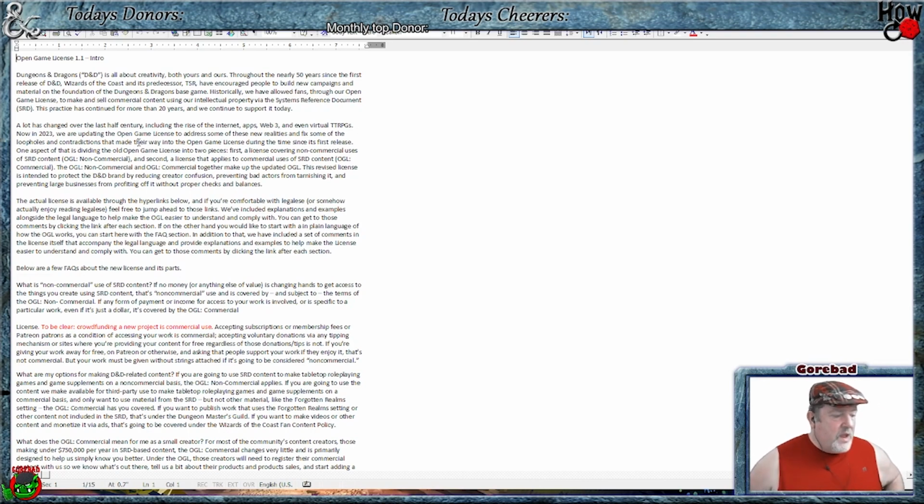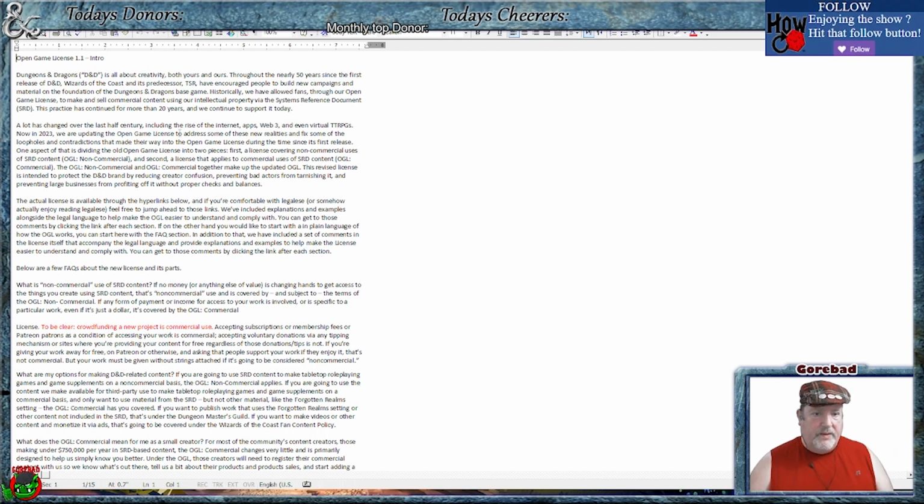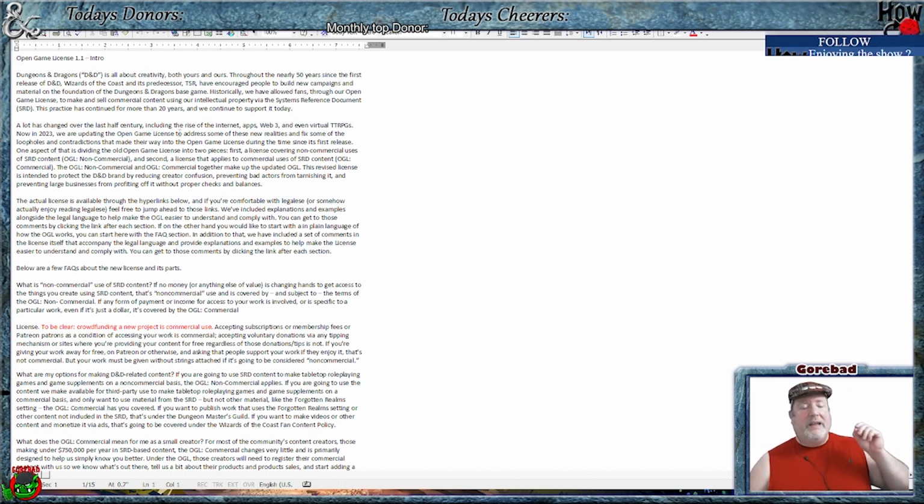Now, again, before we go digging into this document, which is what it's all about, I want to point out that when we talk about the original OGL language with the intent of the word perpetual, perpetual does not necessarily mean the same as irrevocable.